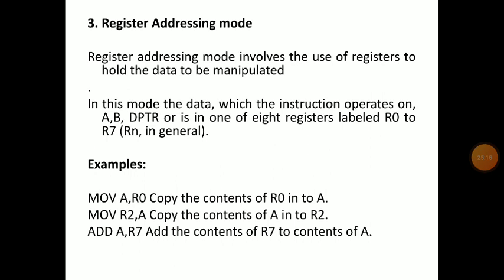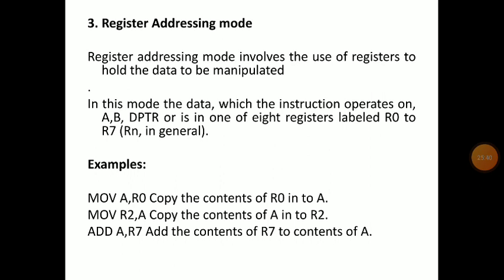The register addressing mode involves the use of registers to hold the data to be manipulated. The registers will hold the data. In this mode, the data which the instruction operates on, A, B, DPTR, is in one of 8 registers labeled as R0 to R7.